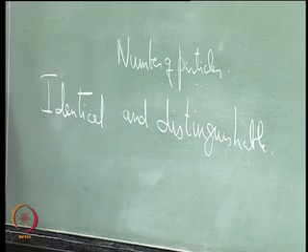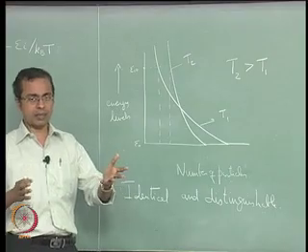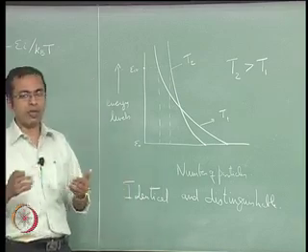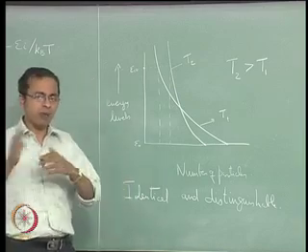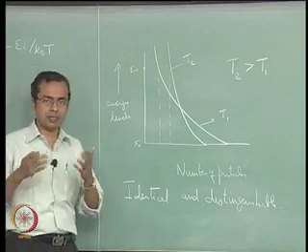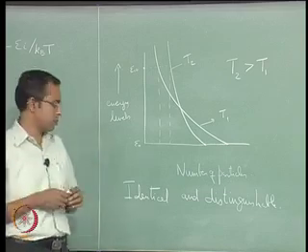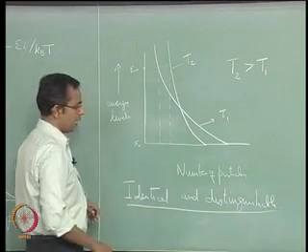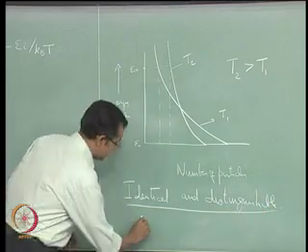Classical, identical and distinguishable are terms we have used, and in any physics book or solid state physics book you take, you will find some mention of these words. So we have assumed this, and we have also mentioned that these are classical.